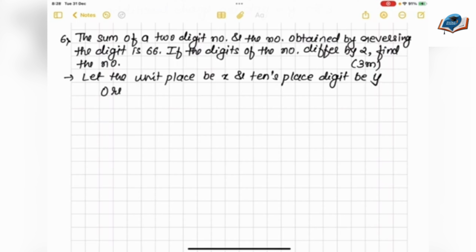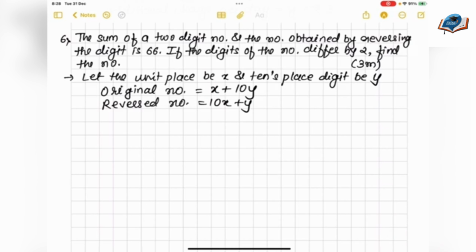So, original number is x plus 10y, and reverse number is 10x plus y.